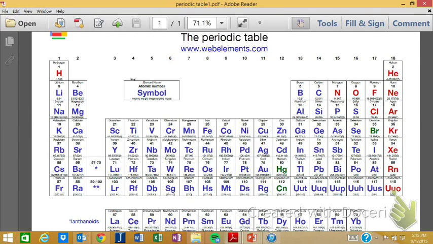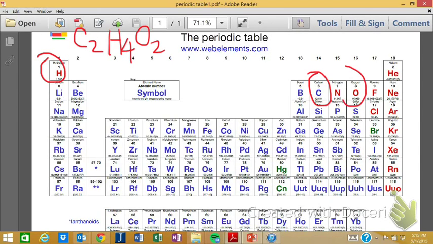Acetic acid is C2H4O2. We're going to need to know carbon, which is 12.01, hydrogen, which is 1.01, and oxygen, which is 16.00.